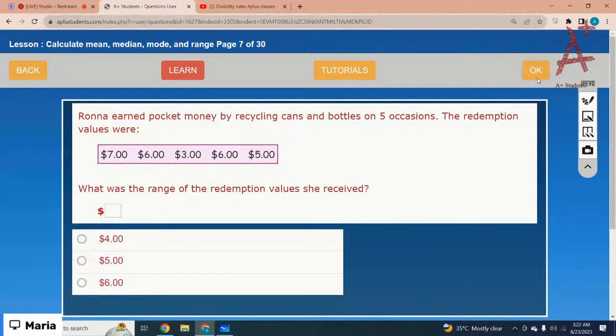Rana earned pocket money by recycling cans and bottles on 5 occasions. The redemption values were 7, 6, 3, 6, 5. What was the range of the redemption values she received? Which is the correct option?